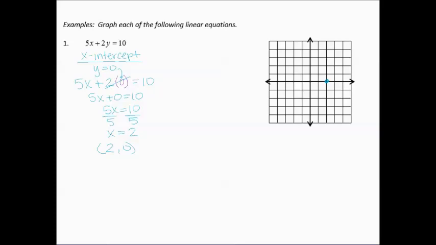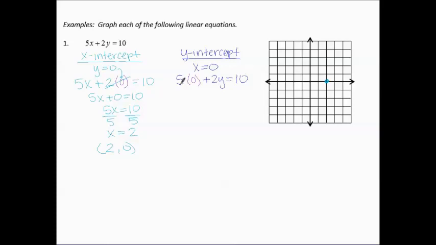Now I want to take a look at my y-intercept. So it's the opposite. At the x-intercept, y is 0. At the y-intercept, x is equal to 0. So I'm going to follow a similar path, but this time I'm going to write 5, and instead of writing x, I'm going to write 0 plus 2y is equal to 10.